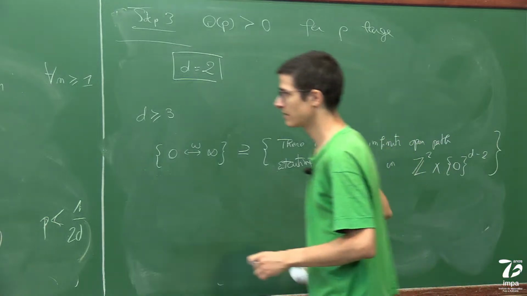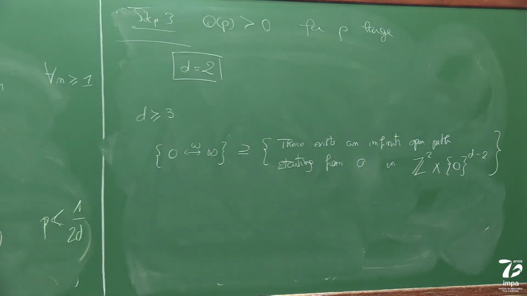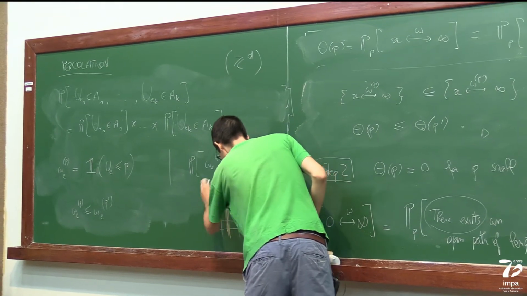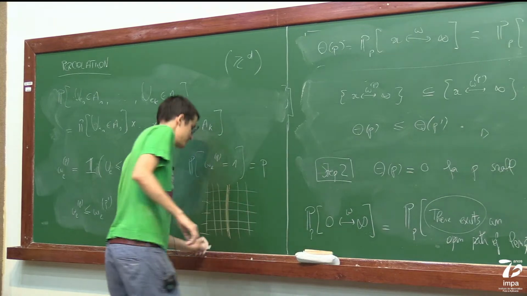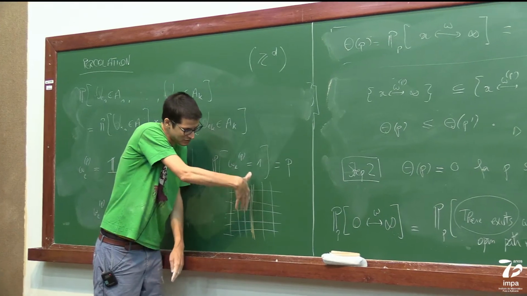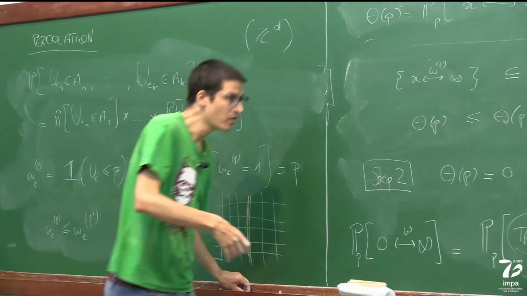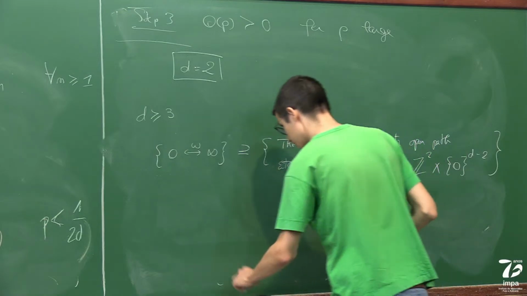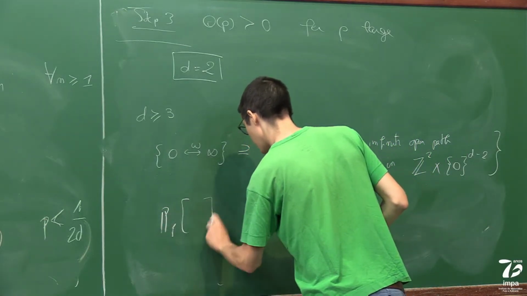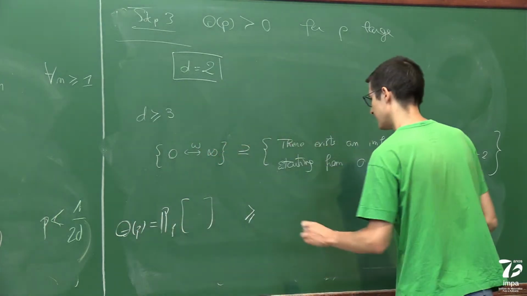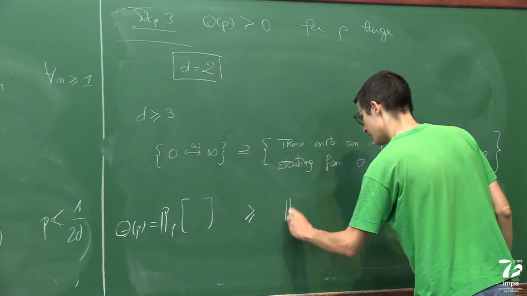Okay, so I'm not very good at drawing in 3 dimensions, but basically what I'm saying is that, let's imagine that this is Z^3 and these are copies of Z^2. I'm just trying to find this open path in this slice. And so now you have the probability of this, which is larger than the probability of that.